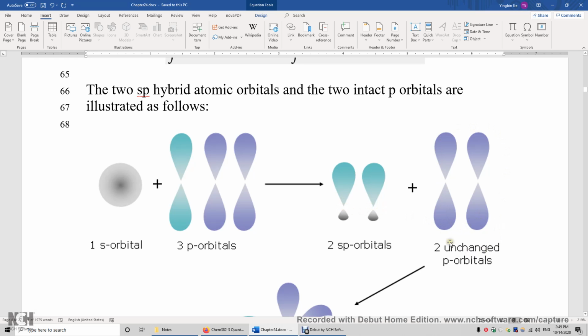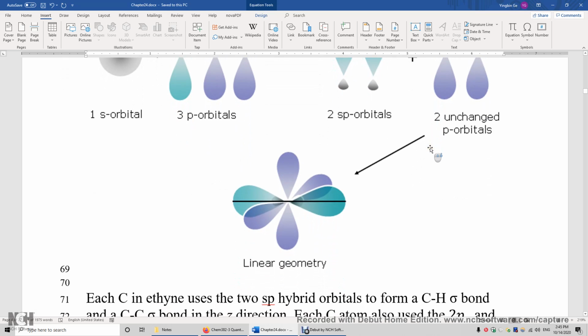These two are intact p orbitals. So when you have this carbon forming the sp hybridization, you have a p orbital here, another p orbital here, and then this one is an sp hybrid orbital, and then this one is another sp hybrid orbital.